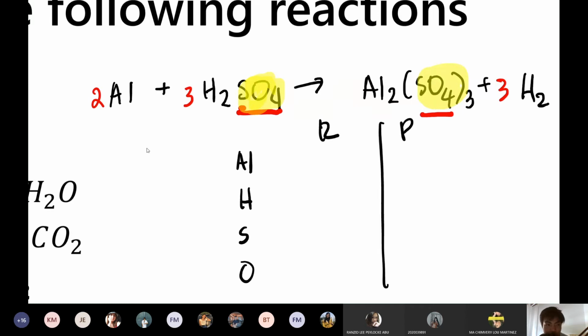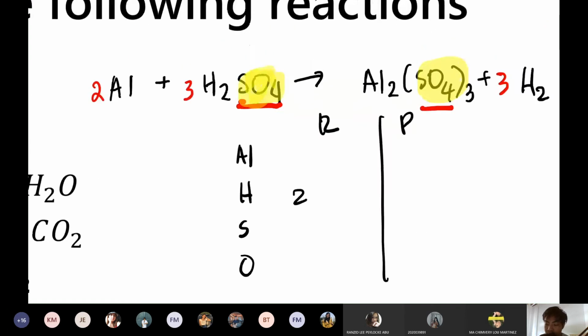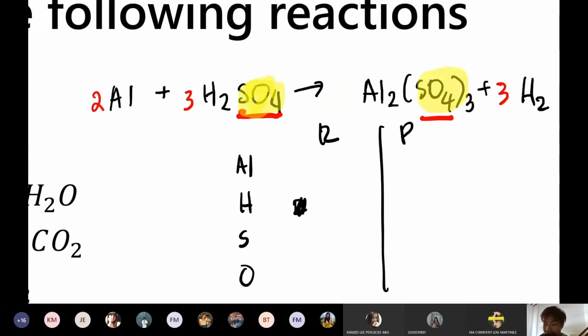Okay, so on the reactant side, I have 2 aluminums here. Oh, dito yan. 2 aluminums here. On the product side, I have 2 aluminums. Balance. Hydrogens, 3 times 2, 6. This is 3 times 2 then, so 6. Sulfur, ilan? So I have 1 sulfur here, times 3. So 3. Itong S ko, isa lang.